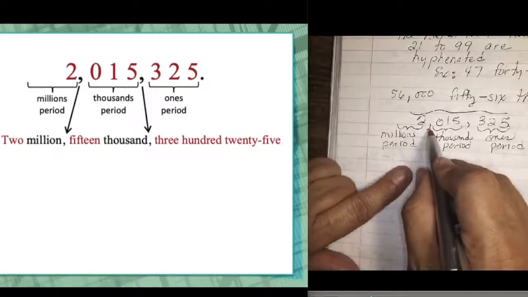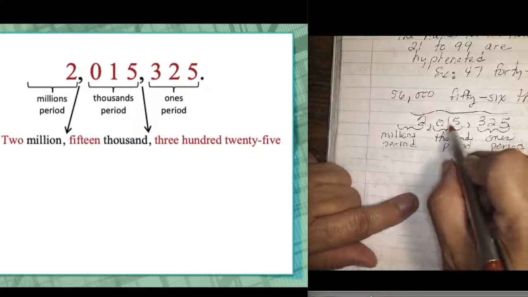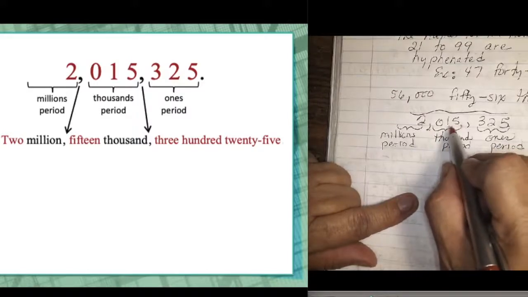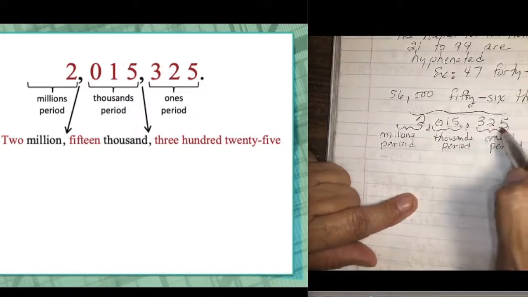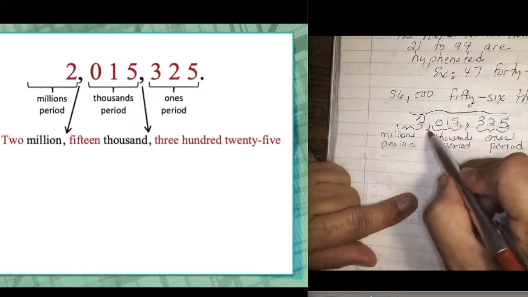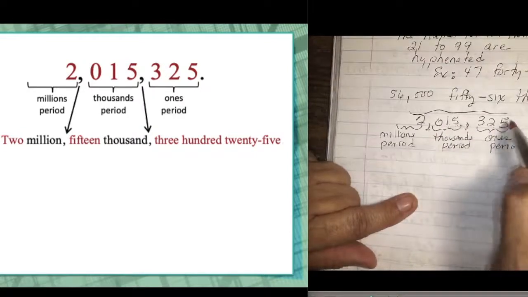So this is 2 million. Million is my comma. Then next comes, I have a 15. So it'd be 15,000. Then we have 325.